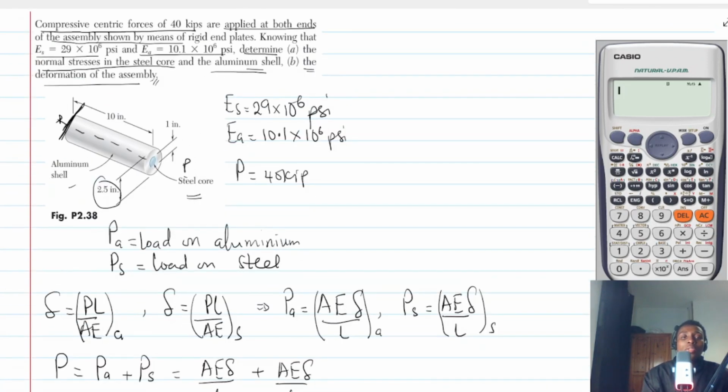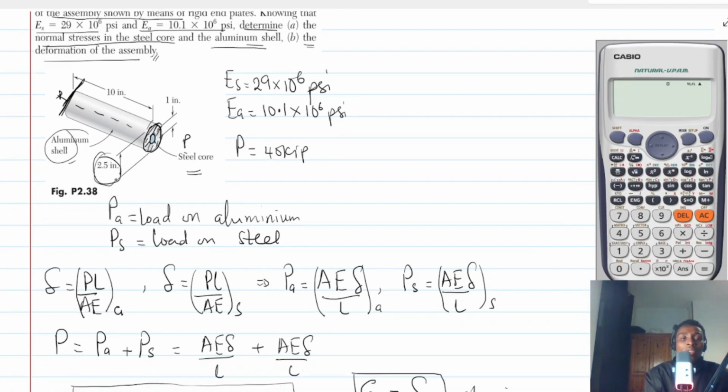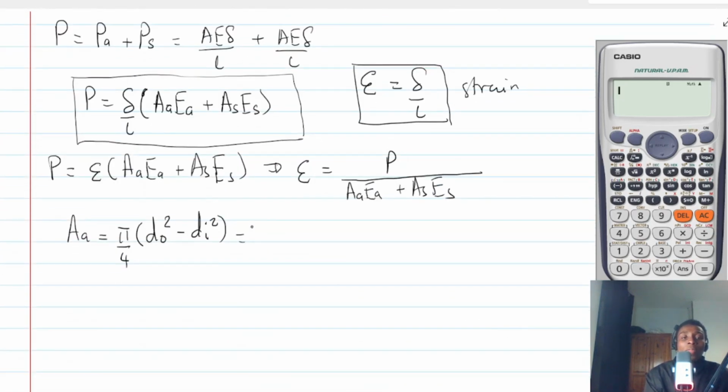Why? Because if we want the area occupied by the aluminum shell, it is the outer area minus the inner area. Now the outer is 2.5 and the inner is just 1, so it will be pi over 4 times 2.5 squared minus 1 squared. And if we do this, we will get the area for the aluminum.